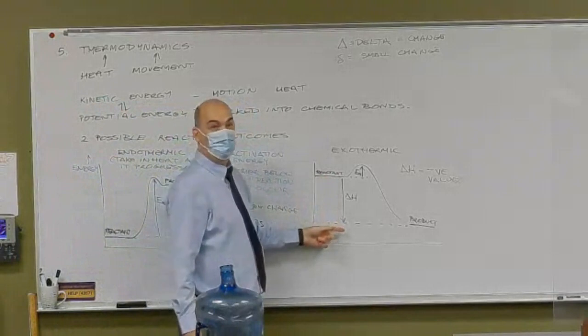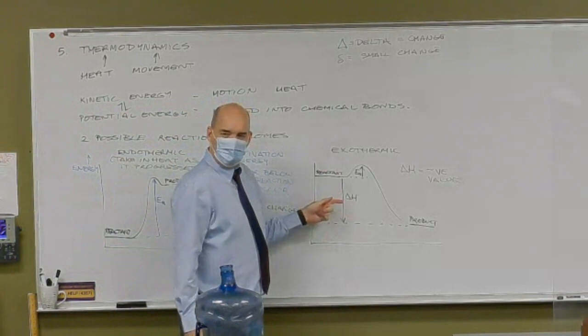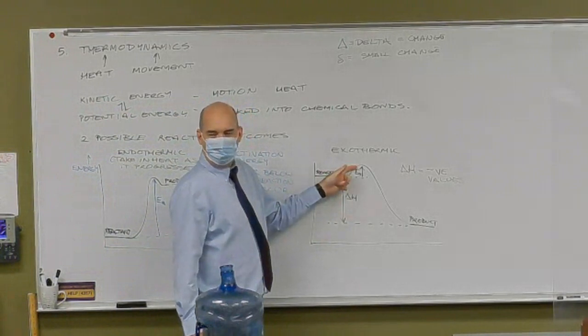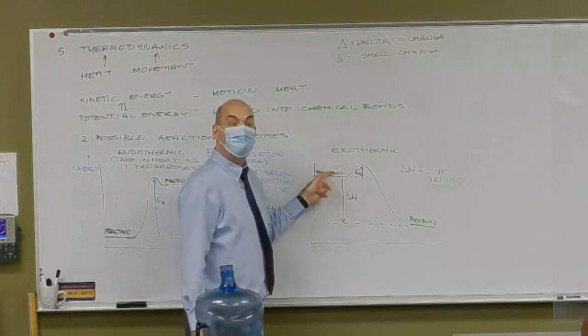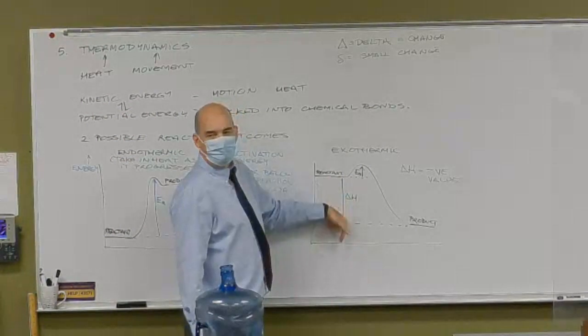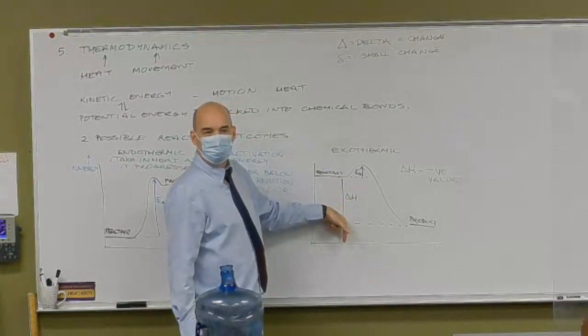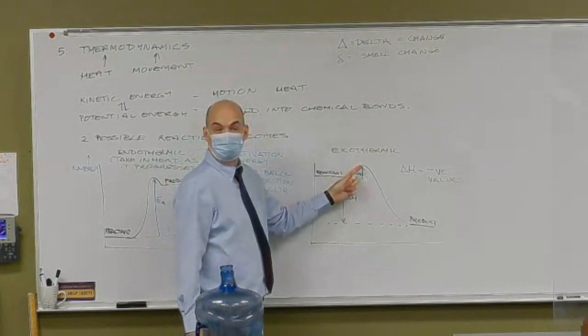I'm going to show you one right now. But we're not worried about them because all of our reactions need an activation energy. So reactions that are going to give you out heat, they don't happen spontaneously. You have to give them a nudge.